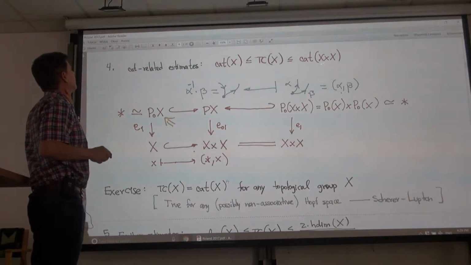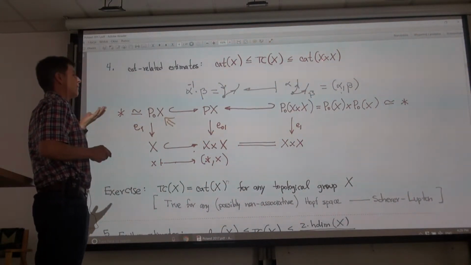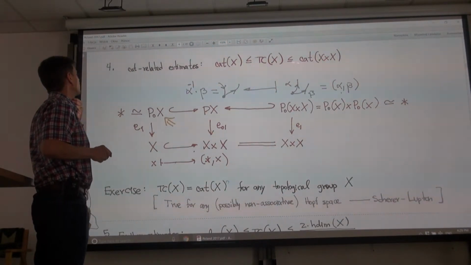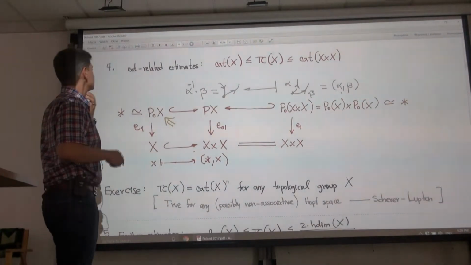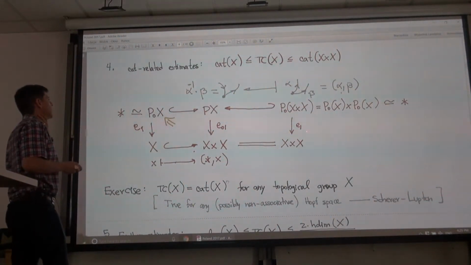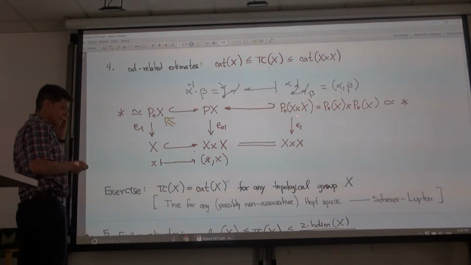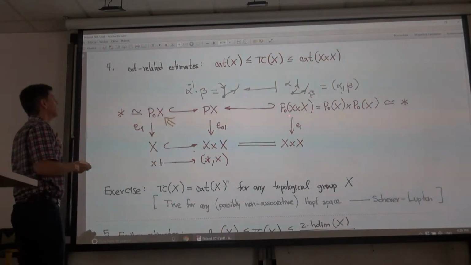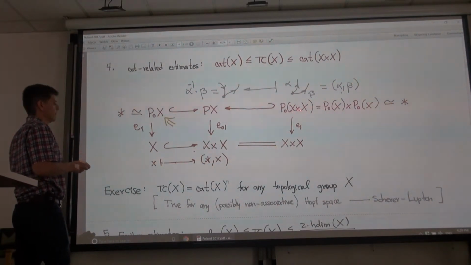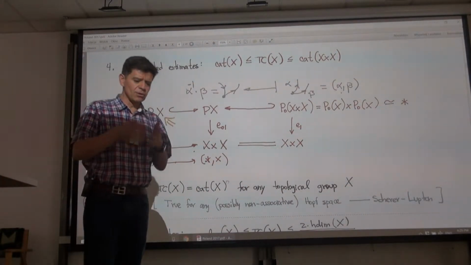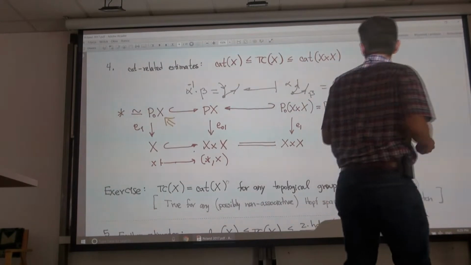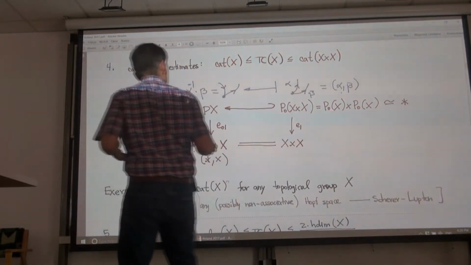Namely, if I have a local section for the map defining the category of a Cartesian product, then I can define a local section for this, and that comes from this other diagram. Consider the base space, which is contractible, the space of base paths on X times X. What is a path on the Cartesian product? It has two components, so these are two paths, the Cartesian product of paths.